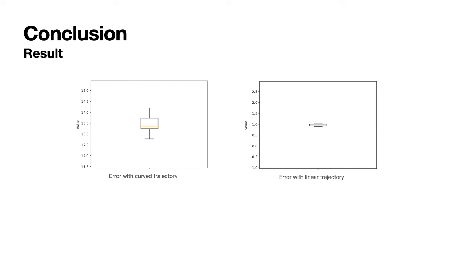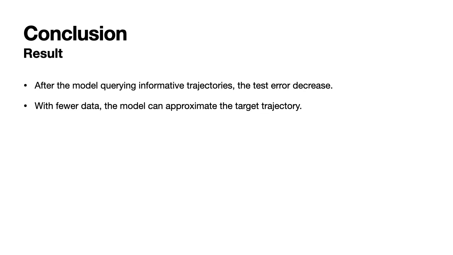I found out that the model has a higher uncertainty and higher error about non-linear trajectory inputs than linear trajectories. So, to actively learn, my model frequently queries about the non-linear trajectories.